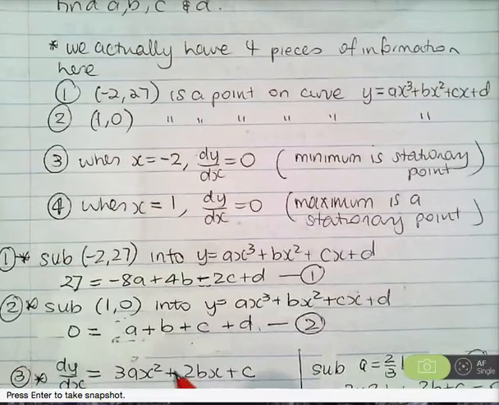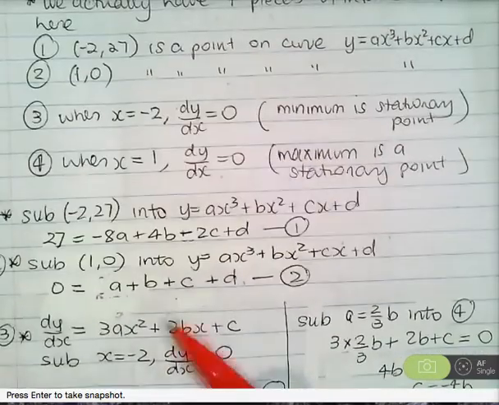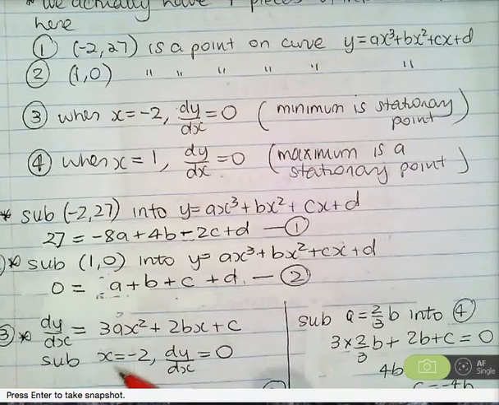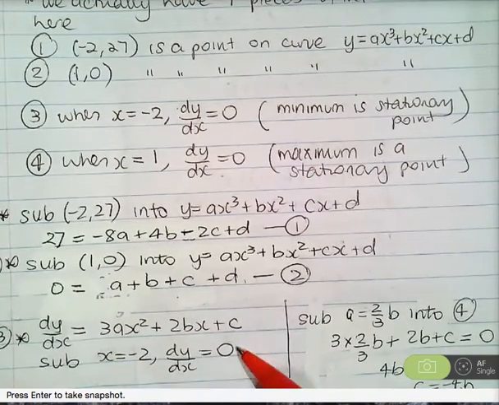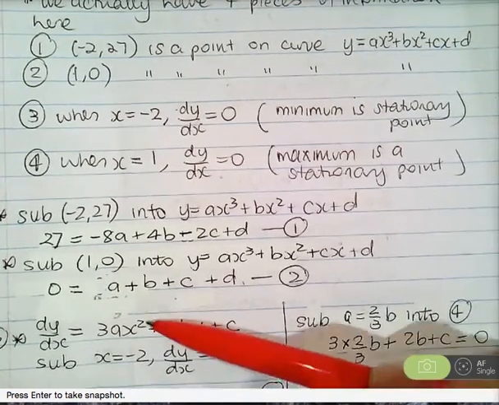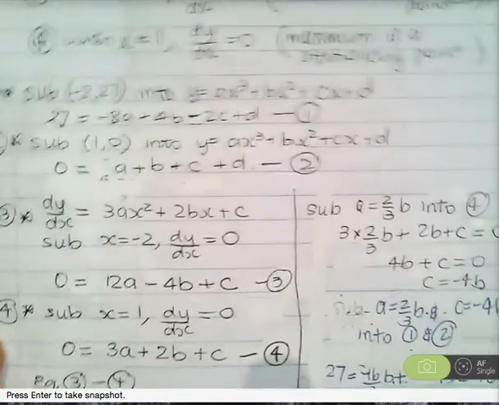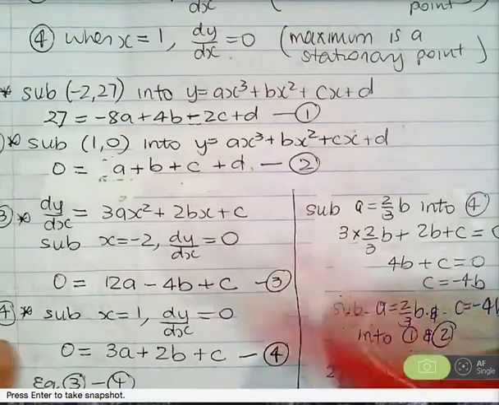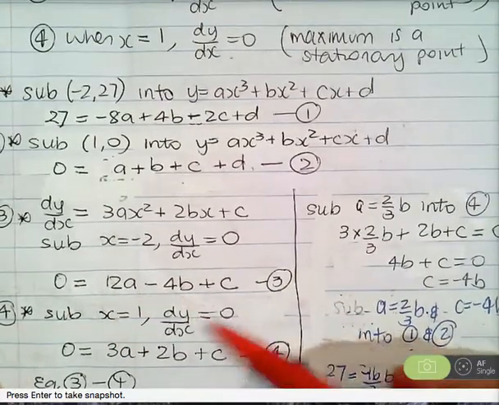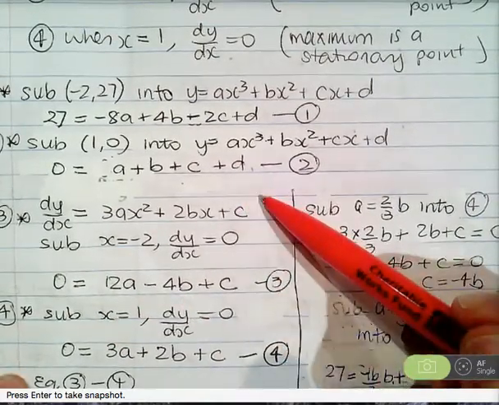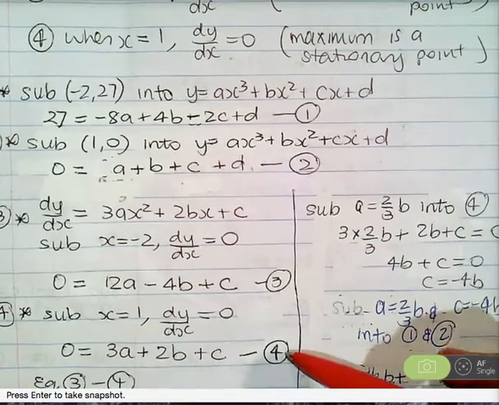So we work out the first derivative by differentiating the original function, and we get that. We substitute x is negative 2, dy dx is 0 into that, and we obtain this 3rd equation. Sorry, you can't see that. There's the 3rd equation. Then you substitute x is 1, dy dx is 0 into that derivative, and you'll end up with this 4th equation.